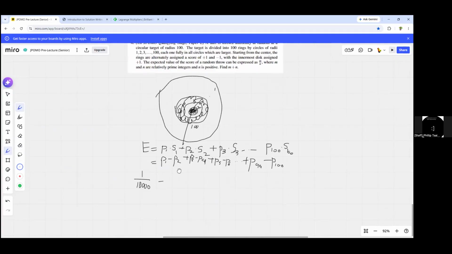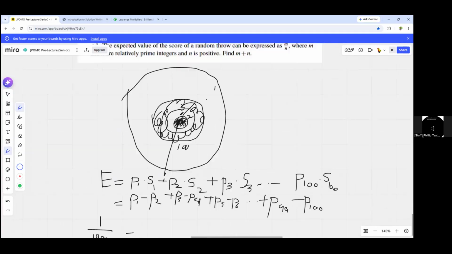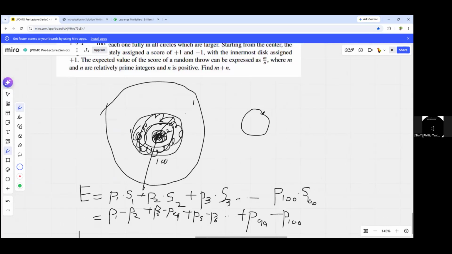And then you have to subtract the probability of reaching this ring here. Wait, sorry, I'll redraw it. That's essentially the probability of reaching here, which is this entire circle minus the area of this circle.